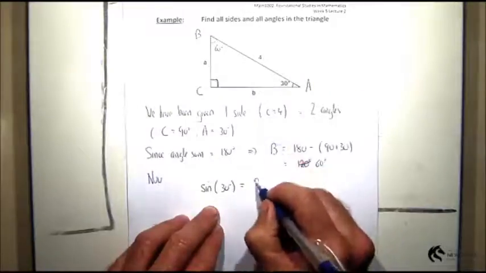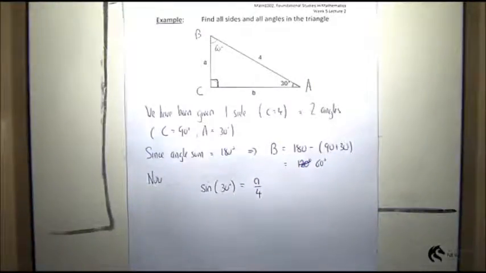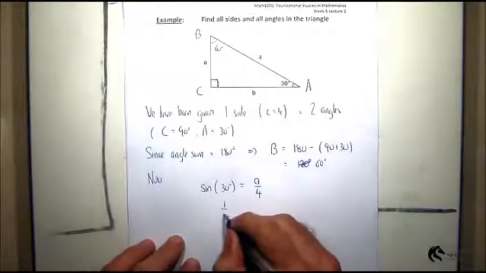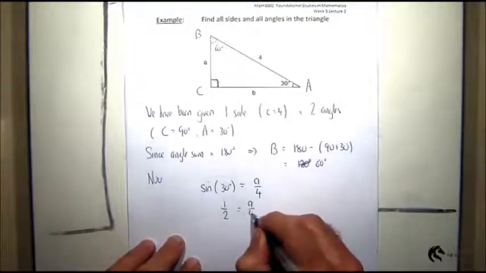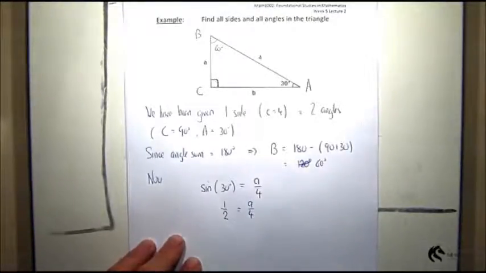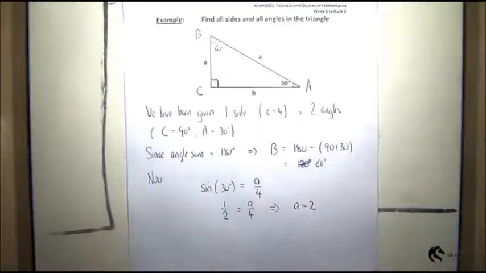So that's A over 4. But the sine of 30 I know from another triangle, from our special triangle, is a half. So therefore I have A over 4 is equal to a half. And so that tells me that A has to be 2.